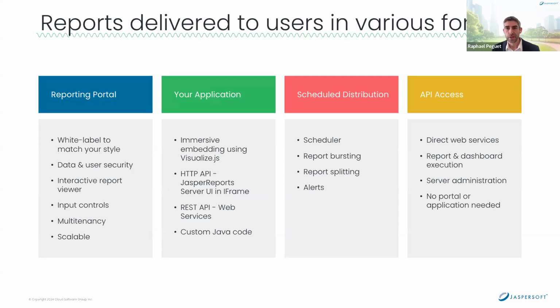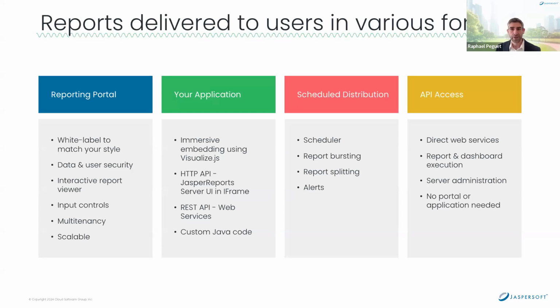So first, direct access. Jaspersoft comes with a reporting portal, which offers a secure, white-labeled, and interactive environment with robust user and data security. For seamless integrations, in the second option, you can seamlessly and deeply embed reports into your application using visualize.js, so that's the JavaScript API, the HTTP API, so some people may know it as an iframe, the REST API, or even custom Java code.